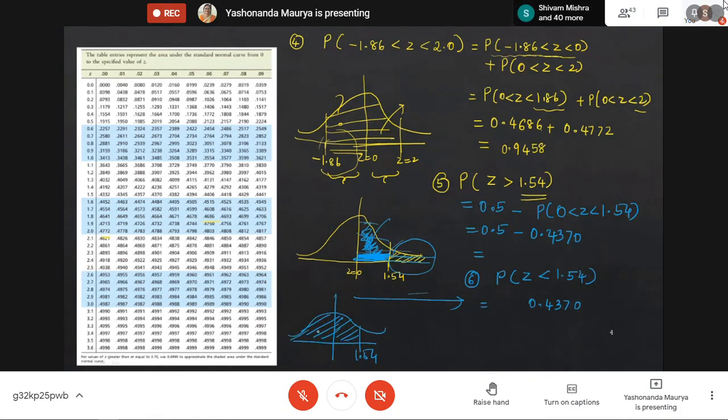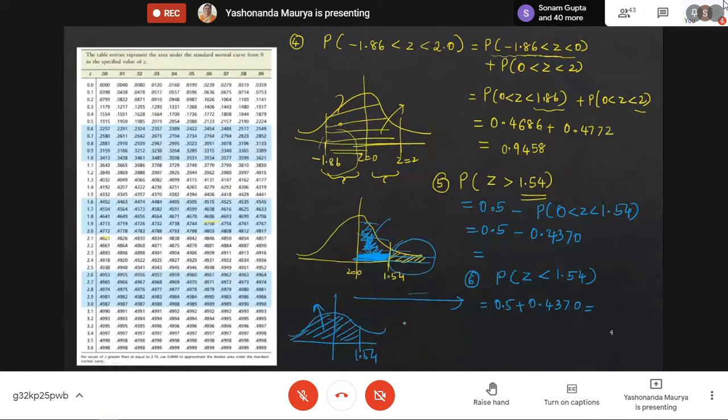We cannot exclude something. If I go only up to zero, then I have imposed one more condition which was not there in the question. So it will be the total of this. So when I say less than this, it means this total. So over here now this part has to be added. This area is how much? 0.5. So it will be added over here to get the answer.